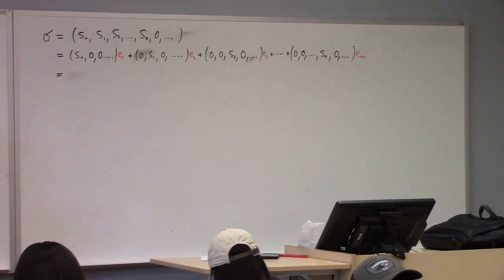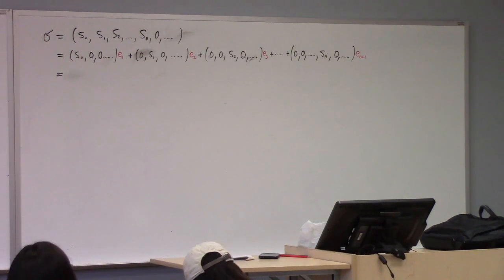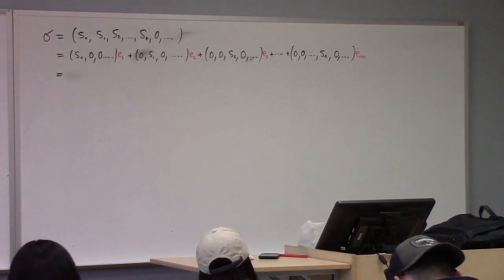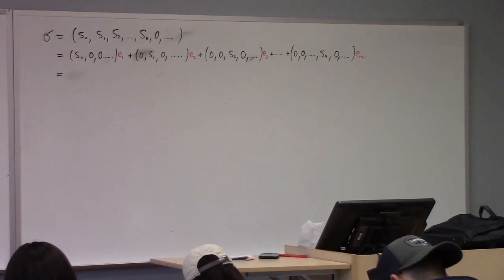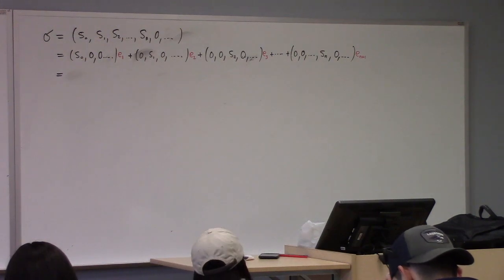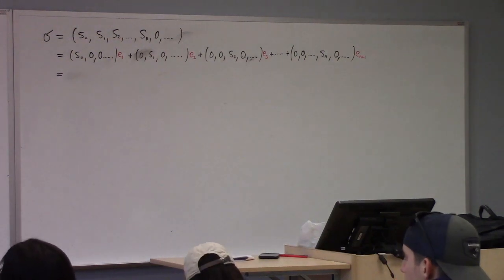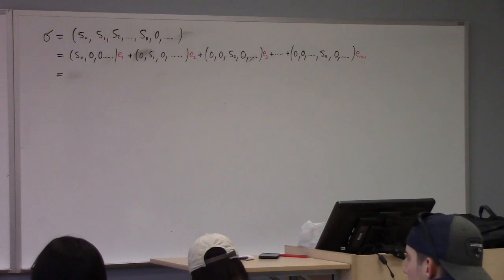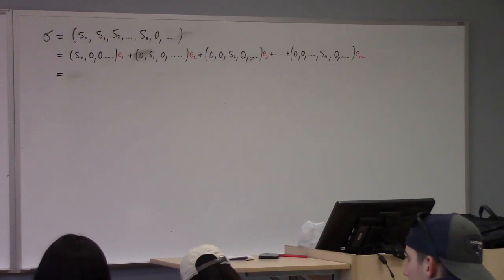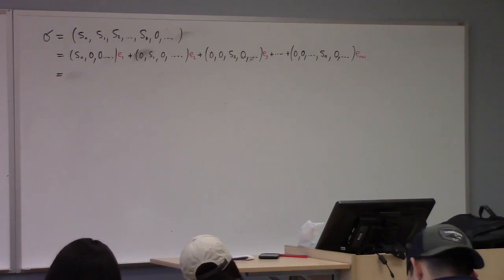If you look at the definition of multiplication, what happens if I have sigma times E1? What would E1 have for the t's? It would have T0 equal to 1, and everything beyond that equal to 0.